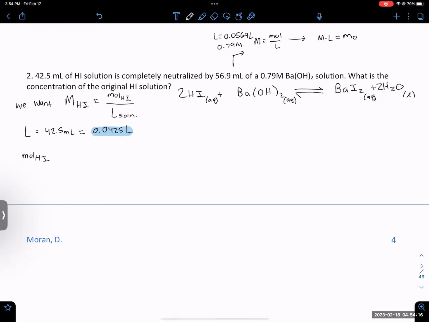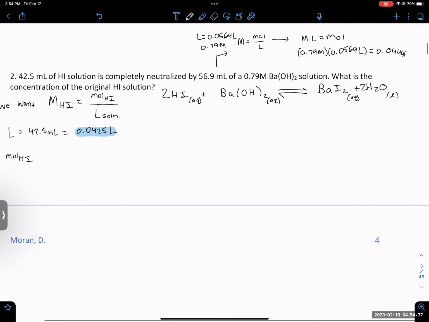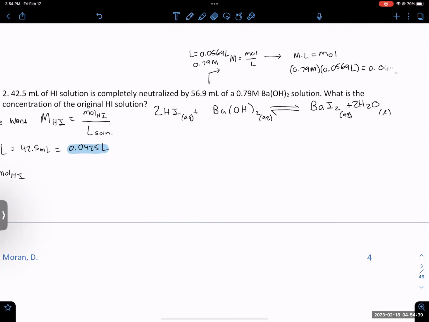That gives you 0.79 molar times 0.0569 liters, which should equal 0.04495.